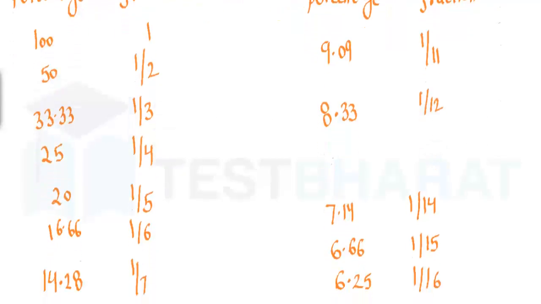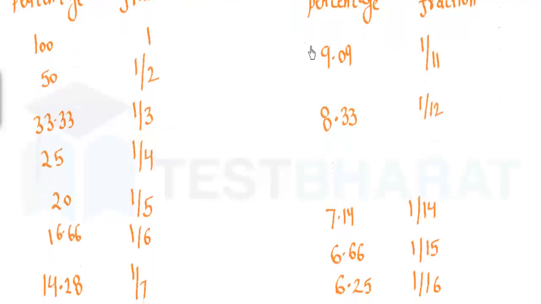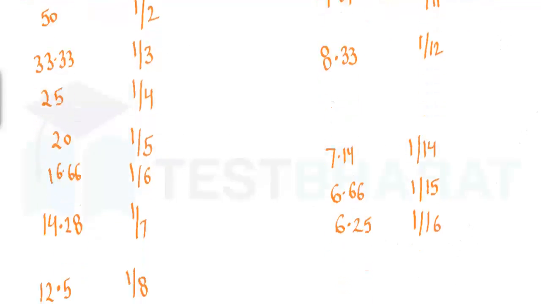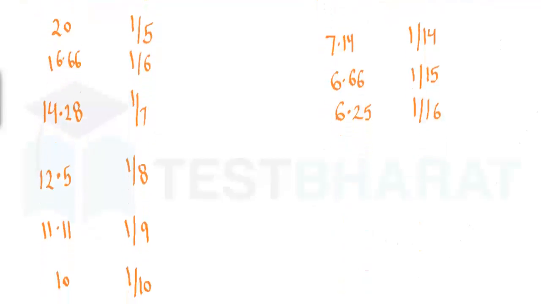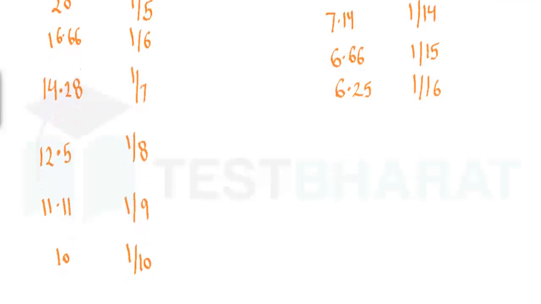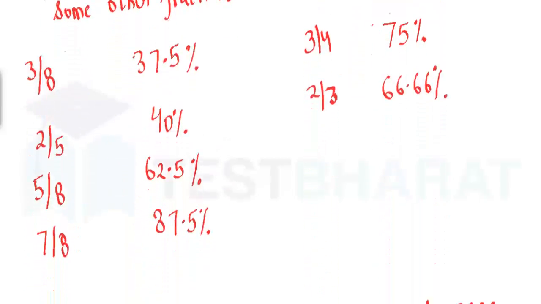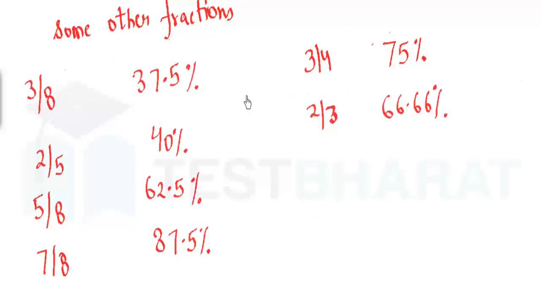I have written down the fractions from 1 by 2, 1 by 3 up to 1 by 16. So you have to remember these fractions. In the next video I will tell you how to memorize these fractions really very quickly. There are some other fractions which are of use, like 3 by 8 is 37.5, 2 by 5 is 40%, and so on.